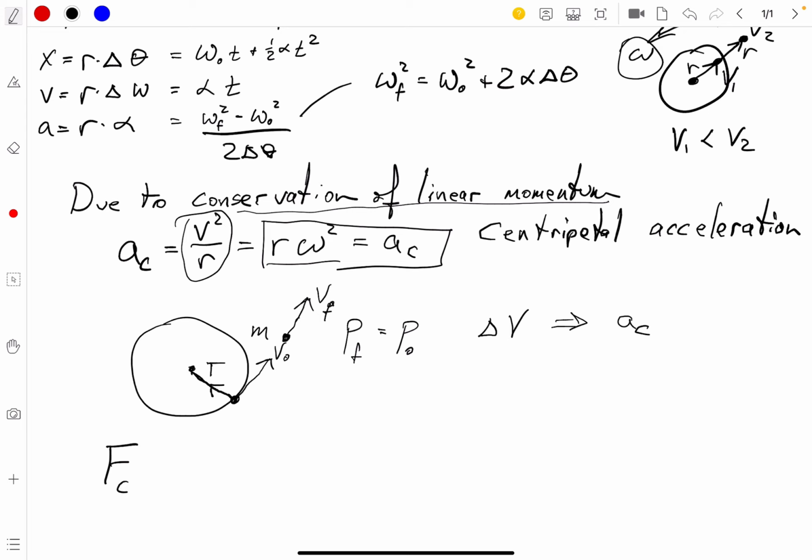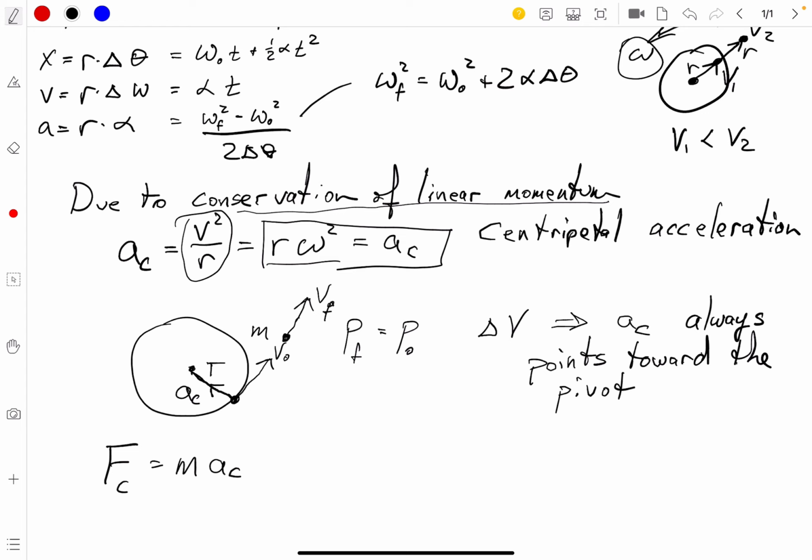So we have a centripetal force, and it's going to be equal to our mass times our centripetal acceleration, which always points towards the center, always points toward the pivot.